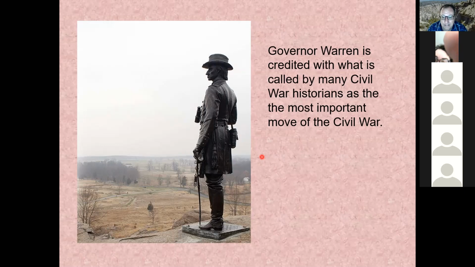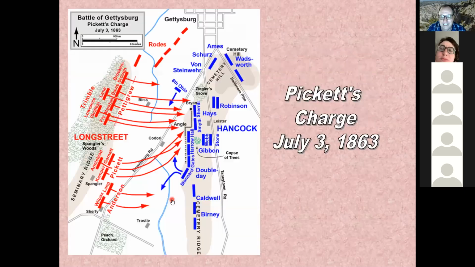Governor Warren, who was actually an engineer and signalman for the Union, recognized the Confederates coming through the woods carrying their rifles. I won't tell the rest of the story, but it's pretty impressive how he got the Union involved up there to tell them, you better defend this spot right here because here they come.